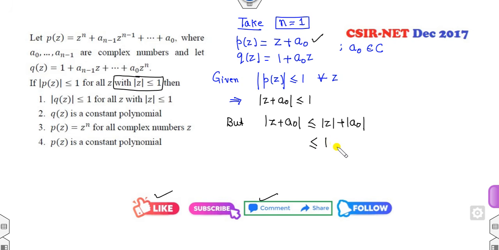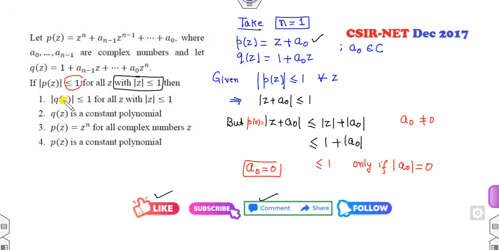When will this be less than or equal to 1? Only if mod of a0 is 0. Because if a0 is non-zero, then the absolute value will be positive, and this number will be greater than 1. So that means a0 is 0.